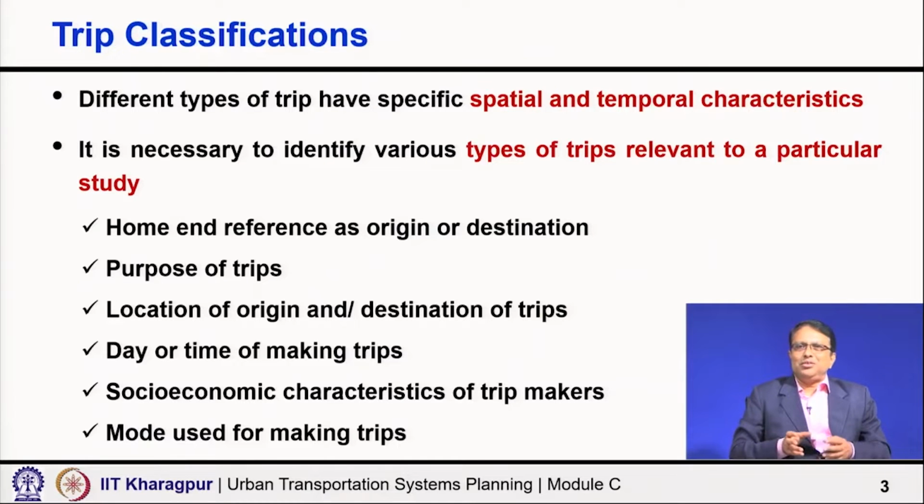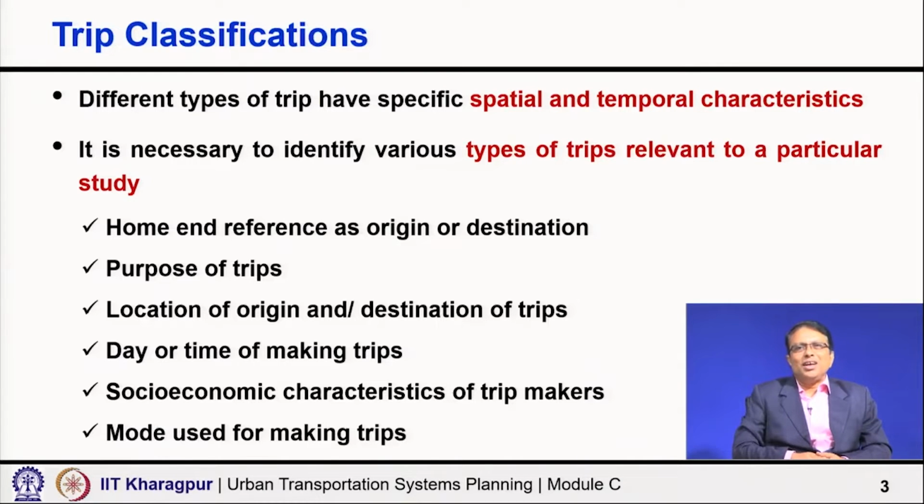So, the roads which are leading to office areas will obviously get congested when people are making work trips or trips to office. Similarly, if all schools are located in certain areas, then depending on the school timings, people will go for drop off and again go for pick up in the afternoon.